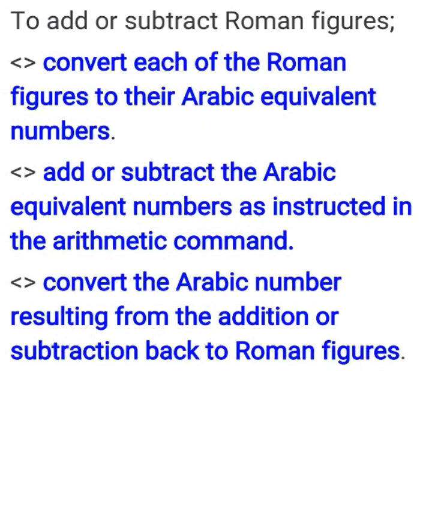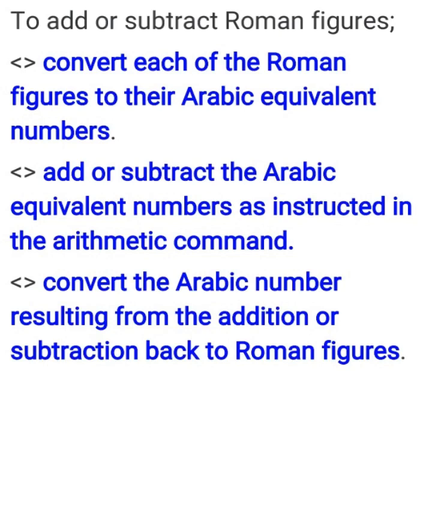When you are done, the result you get in Arabic value is subjected to the third step: convert the Arabic number resulting from the addition or subtraction back to Roman figures. These are the three steps we employ when adding or subtracting Roman figures.